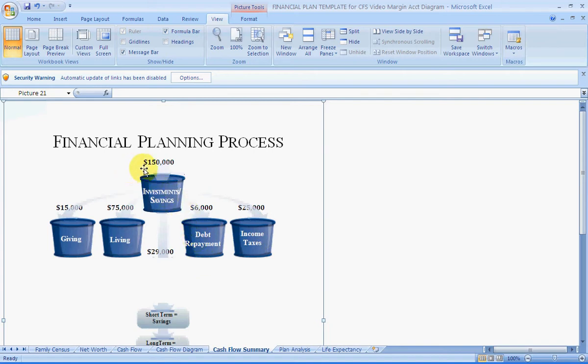Now, if all income goes into an account that's the savings, so to speak, and only the amount is distributed for giving, living, and debt repayment, then if too much money is being withheld from your income, what occurs is an income tax refund over time.